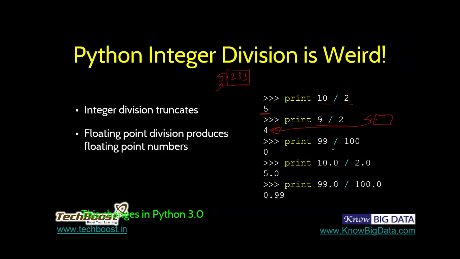But at times we would need 4, at times we would need the exact value. And so we need to take care where we need an integer value and where we need the exact value. If we need the exact value, we need to use floating point numbers, not integer numbers, like here.